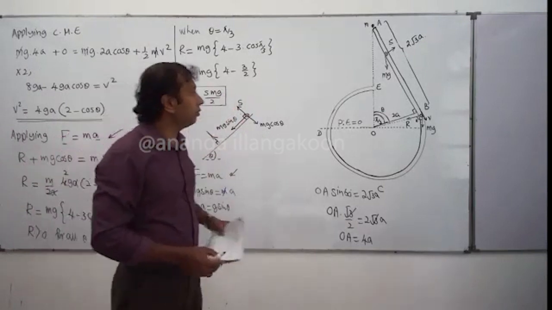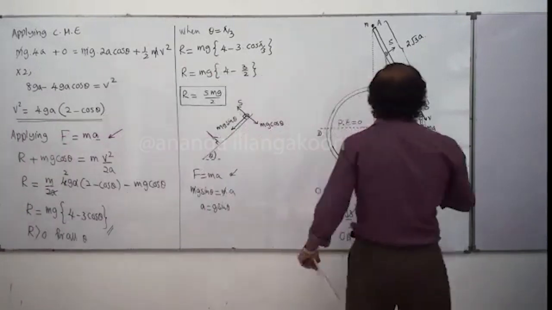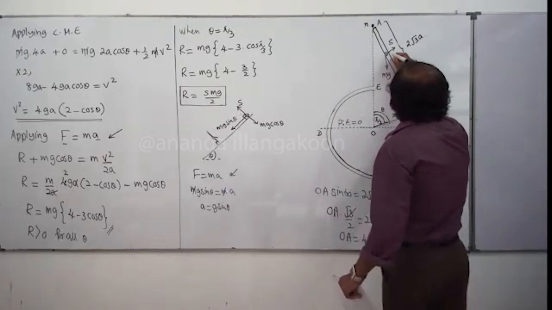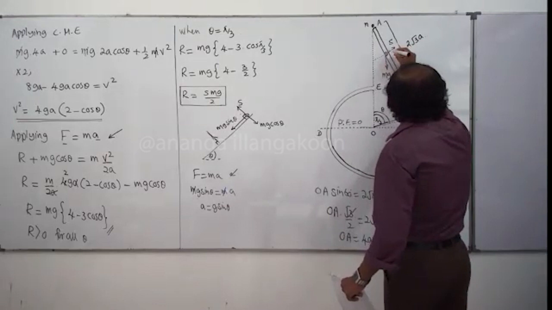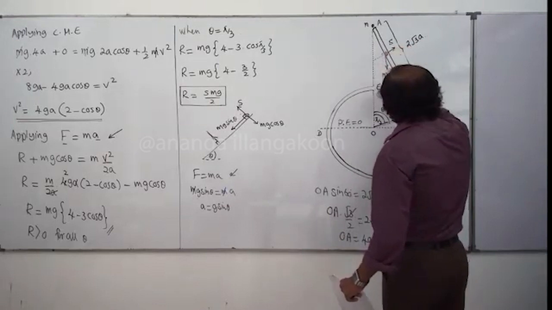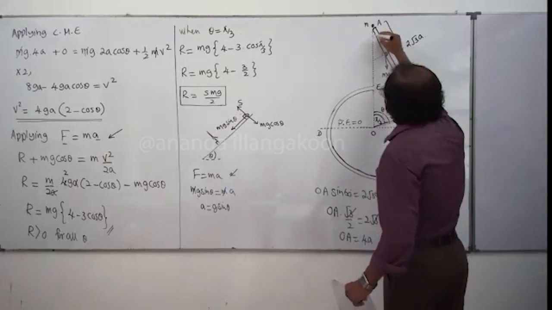Likewise here, when I consider this way, now here, this is 90. This is 60, therefore this is 30. This angle is 30.